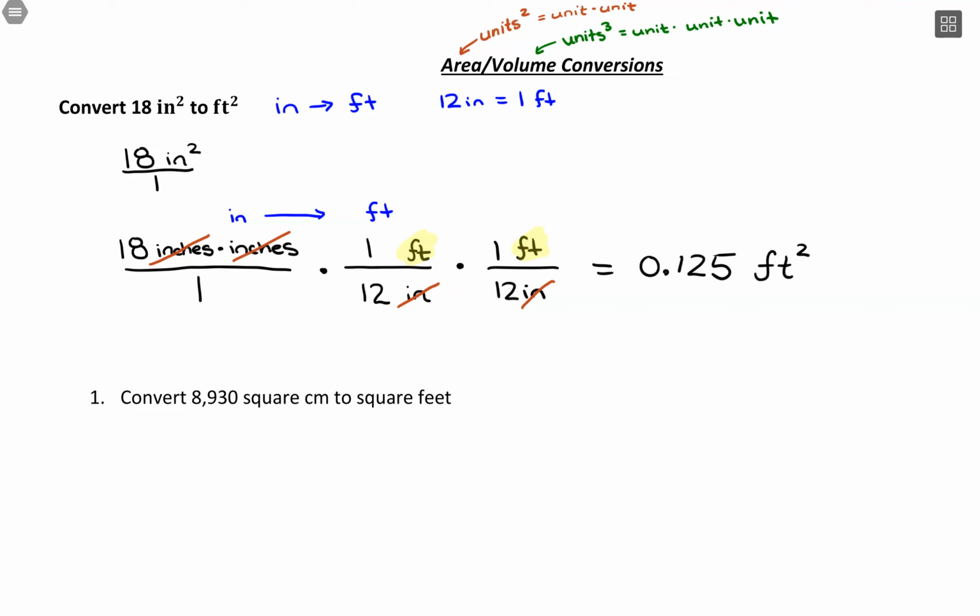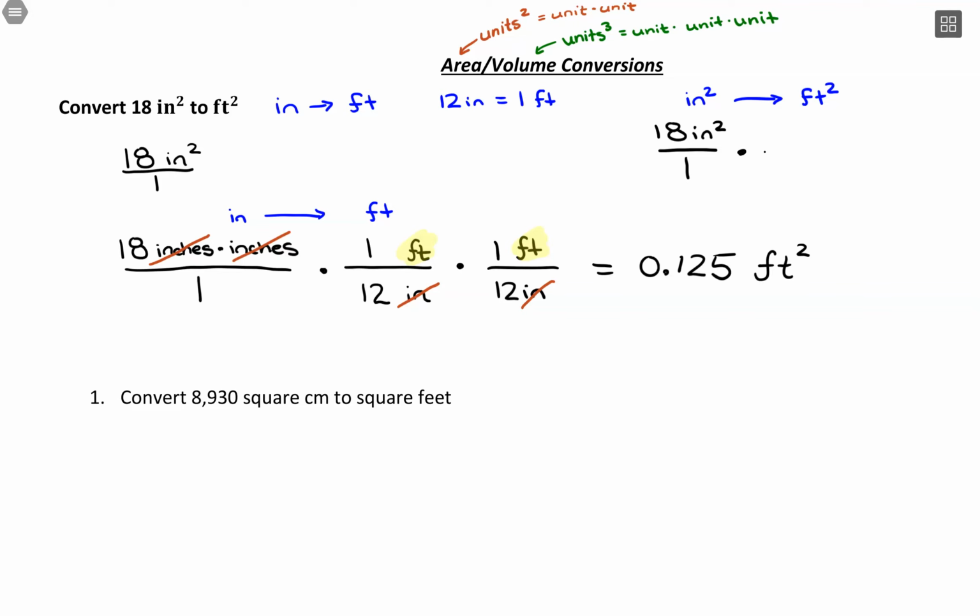So this is one way to go about it. Another way to go about it, and actually I'll just do it with this same example here, is if I did 18 inches squared over 1, and I wanted to convert square inches to square feet.